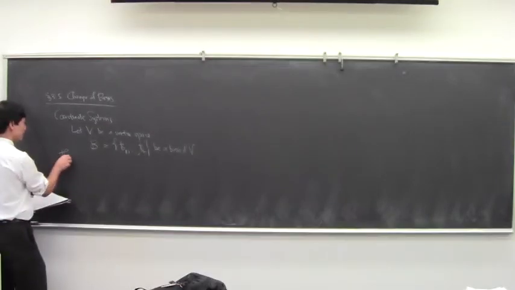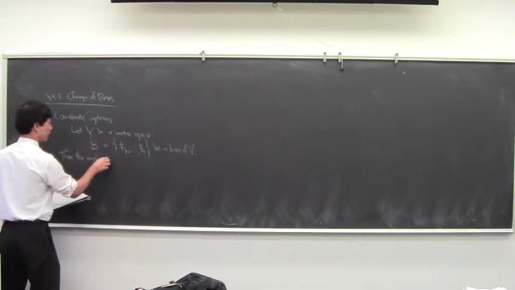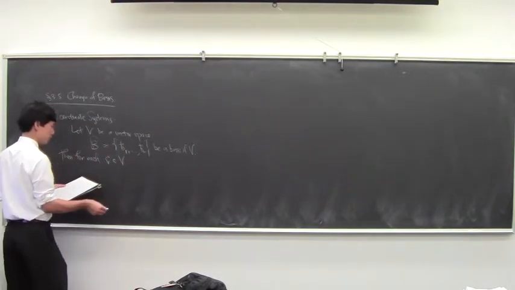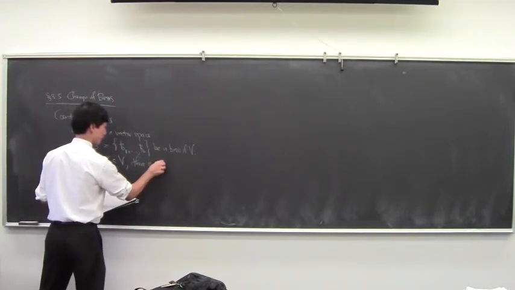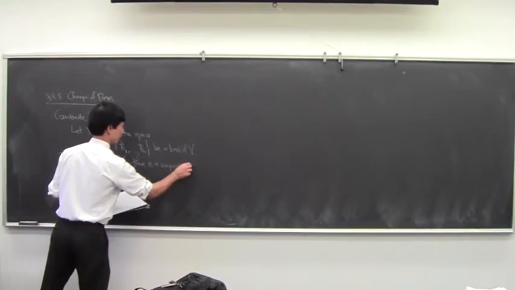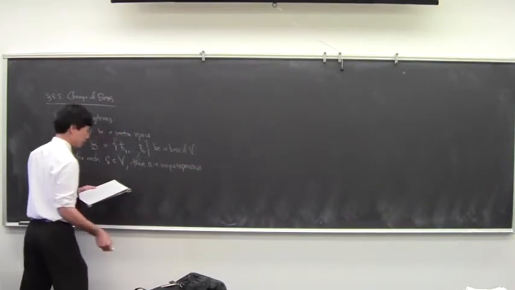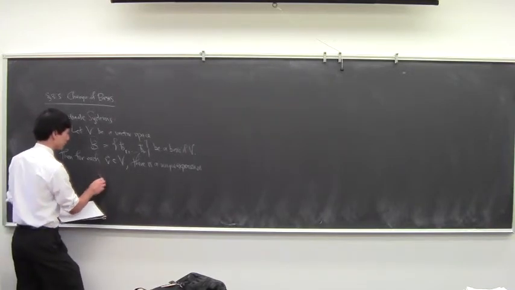Then, as we saw before, for each vector in your vector space, there is a unique expression of V as a linear combination of the B's, right?